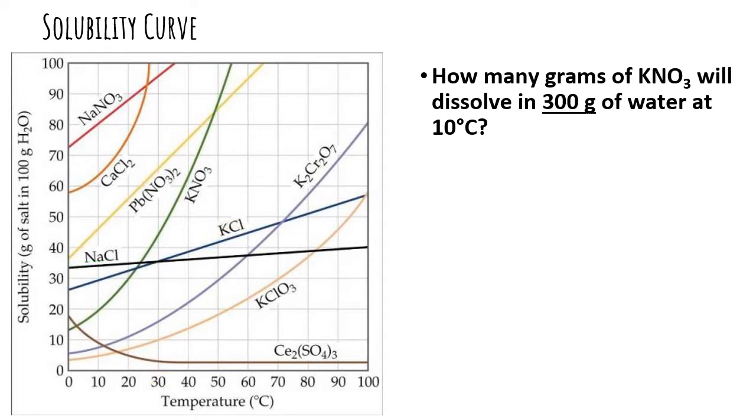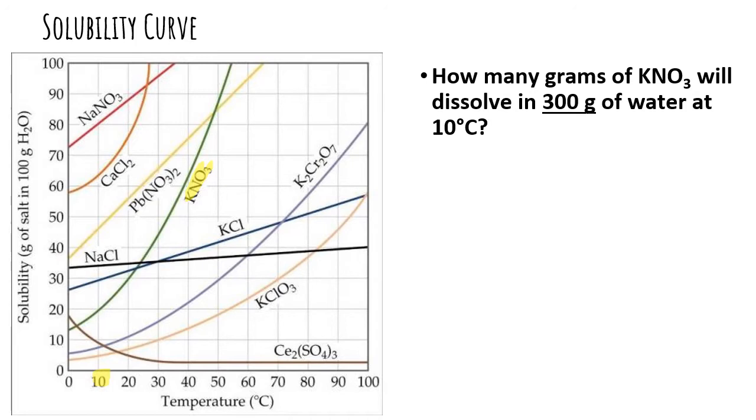Now, this next one says how many grams of potassium nitrate will dissolve in 300 grams of water at 10 degrees Celsius. So this time we're going to look at 10 degrees Celsius. We're going to look at the potassium nitrate curve.